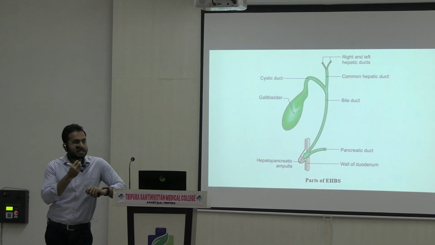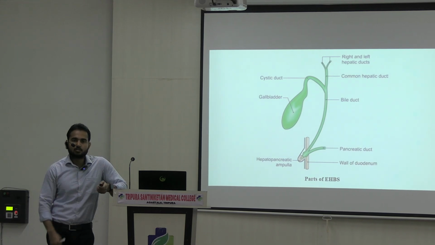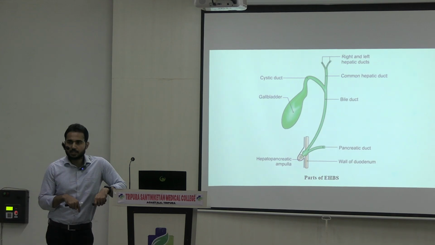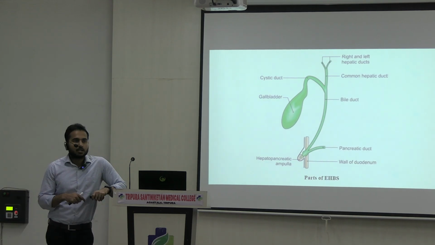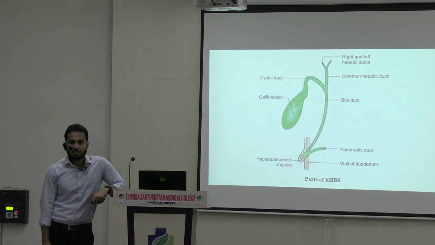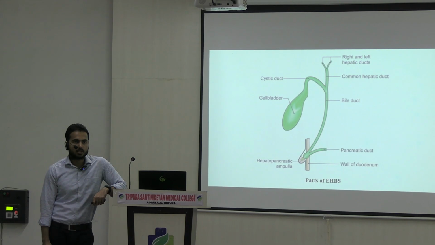Okay, so whenever you are eating any fatty meal, for example butter or ghee, these are fat containing meals. Whenever you are eating all those things, when it goes to the second part of the duodenum, at that time a substance, you can say a hormone, is released, and that is called CCK or cholecystokinin. That induces the contraction of the smooth muscle fibers present in the gallbladder.